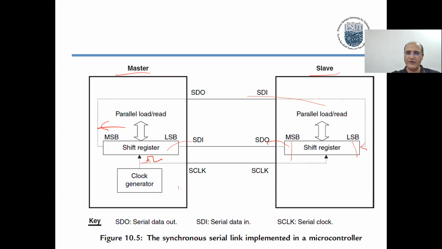The ground is not drawn here, but needless to say, if you're sending any voltage level here, it's referenced to this ground, so you need to share it with the other one. So this is a typical synchronous serial communication configuration: master and slave.